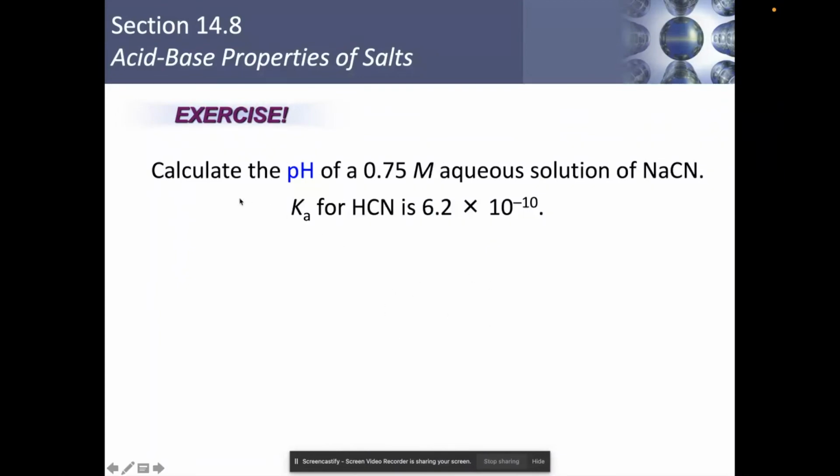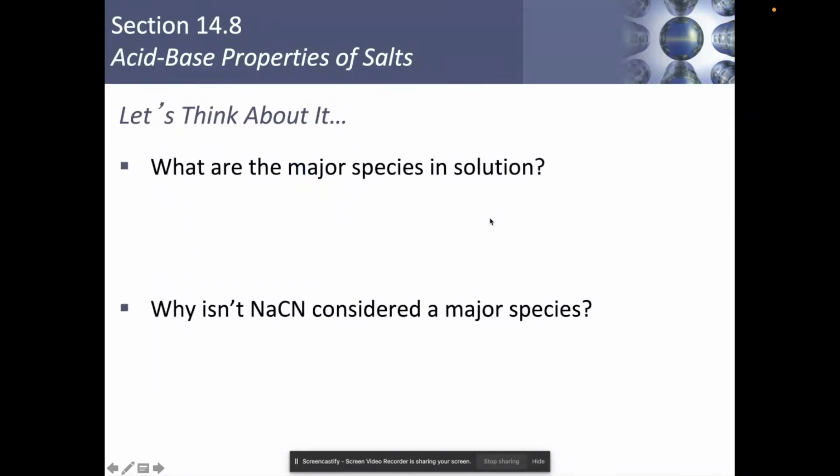Now, what if I was asked to calculate the pH of a 0.75 molar aqueous solution of sodium cyanide, and they gave me the Ka for hydrogen cyanide? I should be able to figure that out. CN minus is the conjugate base of this. First things first, what are the major species in our solution? We should have mostly Na plus and CN minus. Why?